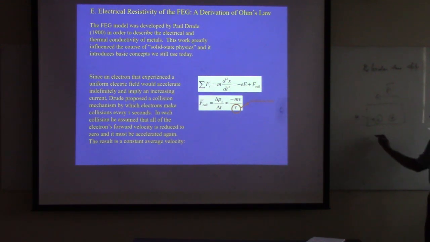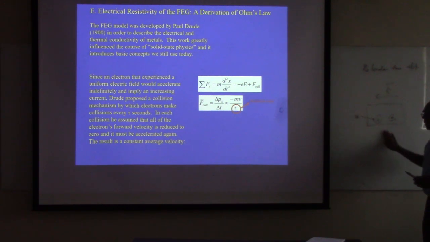They experience a force, and that means acceleration. So the velocity would increase infinitely, but it doesn't continue because they collide with the ions, then it comes to relaxation, and the velocity becomes zero.